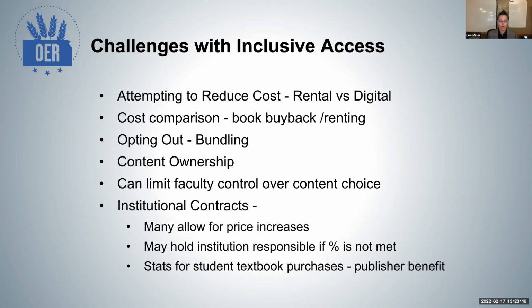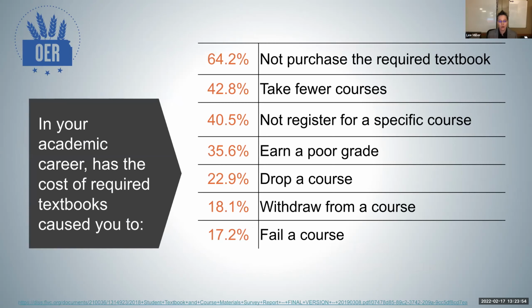And then stats for student textbook purchases. Again, the publisher is getting the benefit. I'm going to highlight what Tiffany mentioned earlier, and note that this was a 2018 survey done for students. If you note, they asked, has the cost of required textbooks caused you to do any of the following? They could pick multiple choices, so they could pick several of them. But if you notice, the top one is 64% said they did at some point not purchase a textbook.